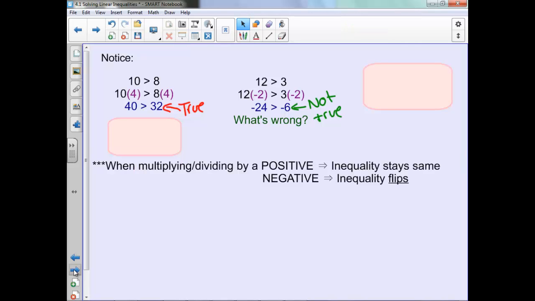So the key thing to keep in mind is when you're multiplying or dividing, it matters if it's a positive: the inequality will stay the same. If it's a negative, you have to flip your inequality. Notice in this case, to make this a true statement, it would need to be like this. Notice the sign has flipped.